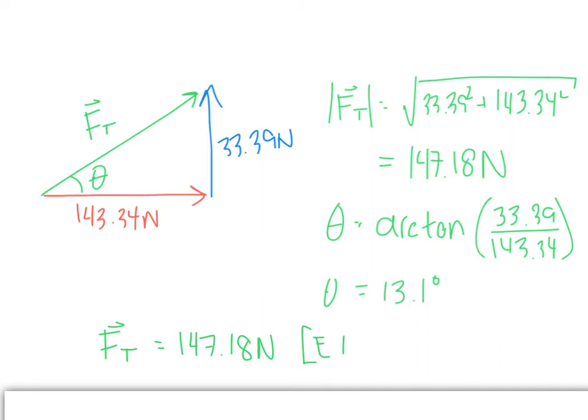East, 13.1 degrees north. So that's our final answer. Remember, once again, we like to take our final answer from the horizontal, from that red line, as opposed to from the vertical, just so we all have the same answer. There you go. That is adding vectors using the component method, just breaking it up into the components, and then adding the x, adding the y, and then finding the final vector.